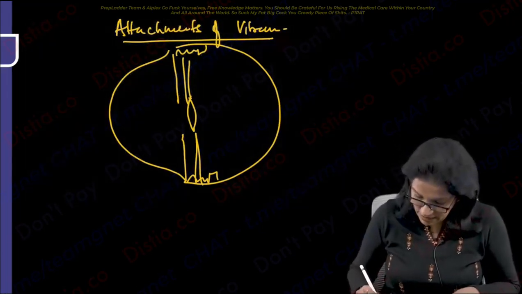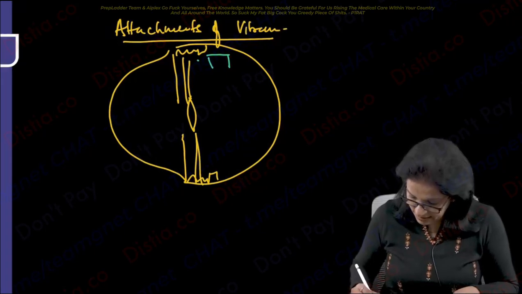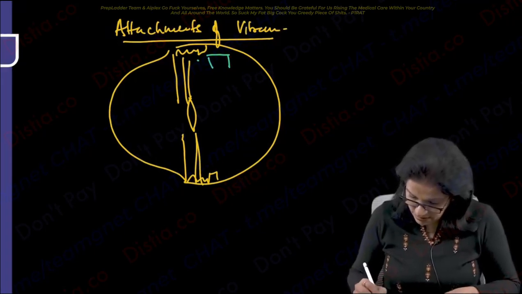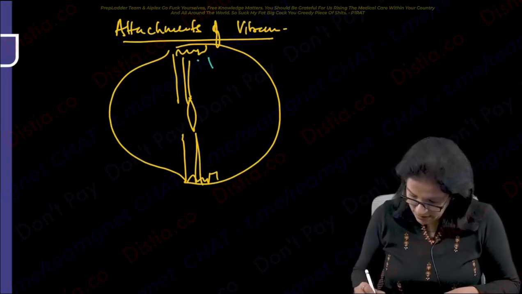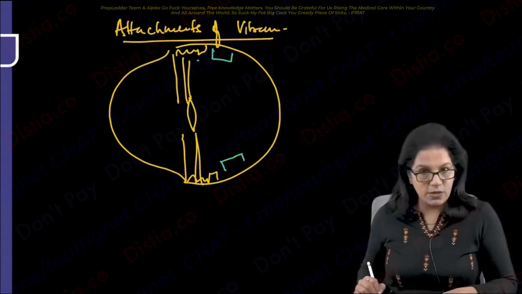So, anteriorly, this is the vitreous base, which is spanning the ora serrata. If this is the ora serrata, right? Wait a minute. We should be making it like this. So, this is the vitreous base, which is spanning the ora serrata.